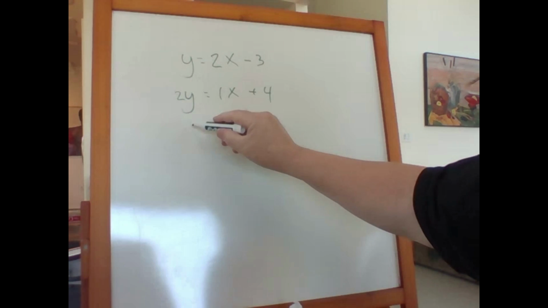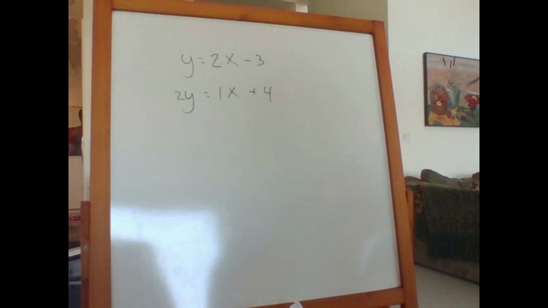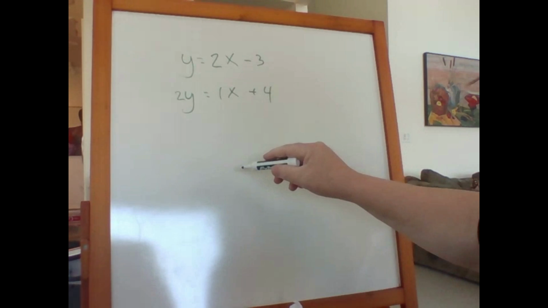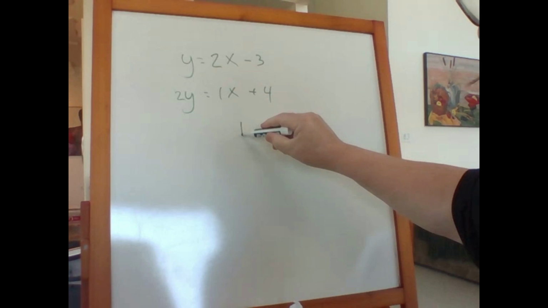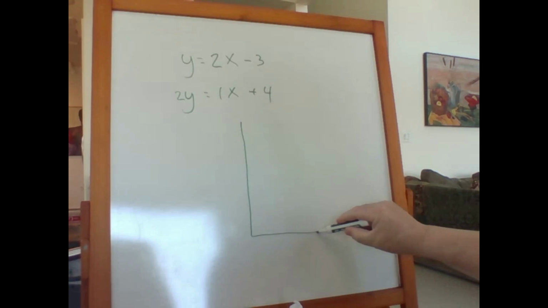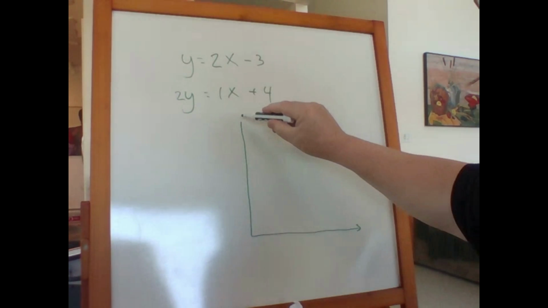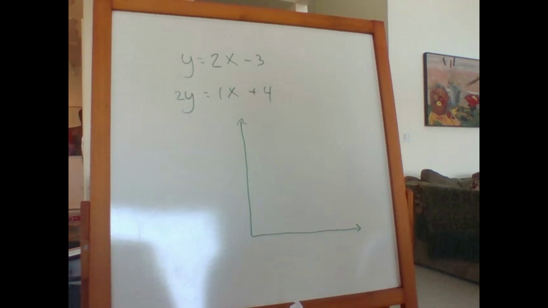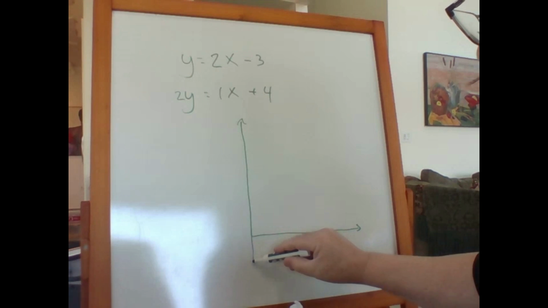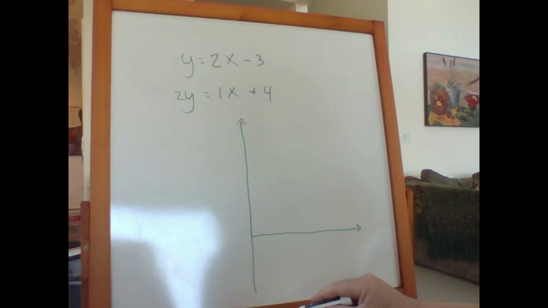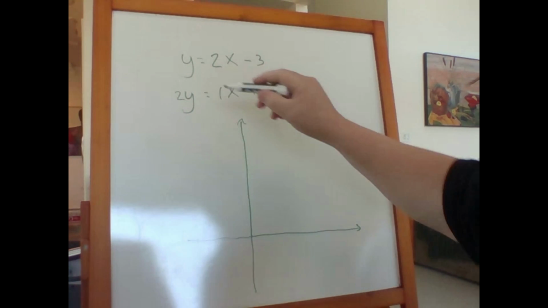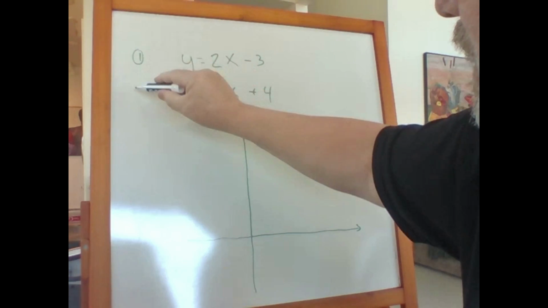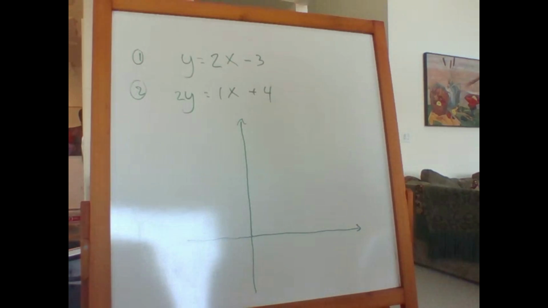We know these are lines, so let's imagine our x, y coordinate system, and we'll call these equation 1 and equation 2.